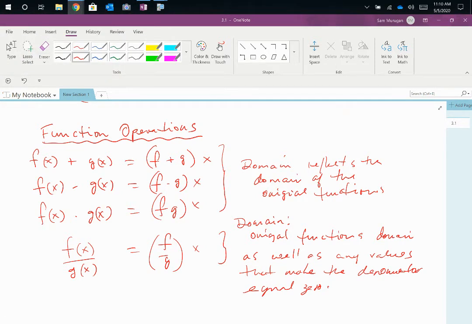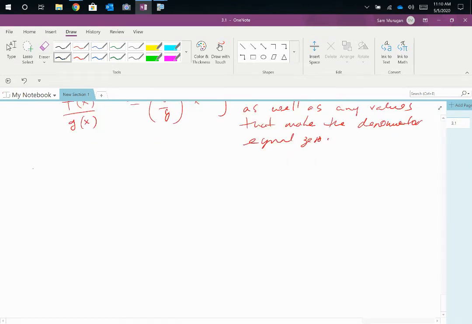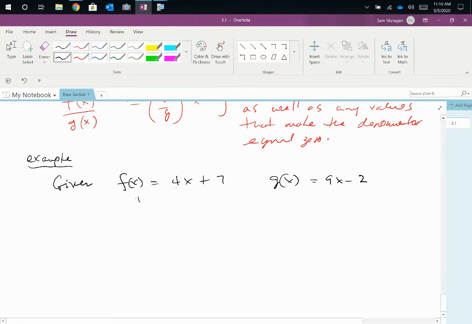Okay, so let's go ahead and see what they're talking about here. If I'm given two functions, for example, given f of x is equal to, say, 4x plus 7, and g of x is equal to 9x minus 2. And notice the domain is negative to positive infinity, because these are linear functions.